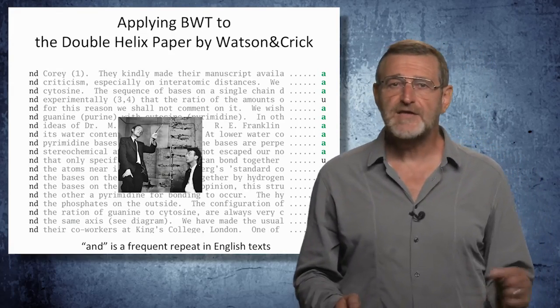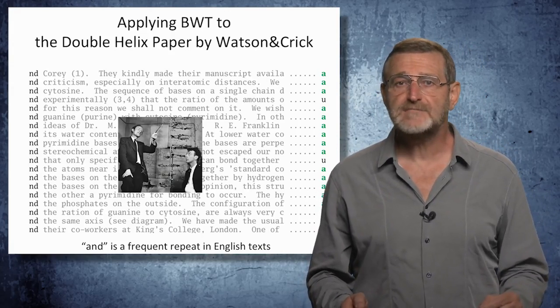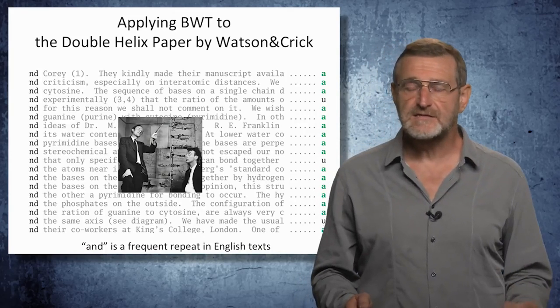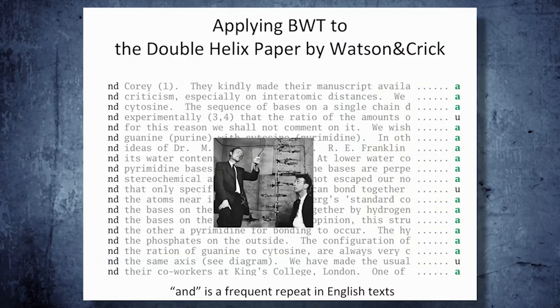Let me explain it by using an example from the famous double helix paper by Watson and Crick, where they first presented the structure of DNA. These are just some consecutive strings in the Burrows-Wheeler Transform of this paper, and you see that there are many runs of A in the Burrows-Wheeler Transform of this text.